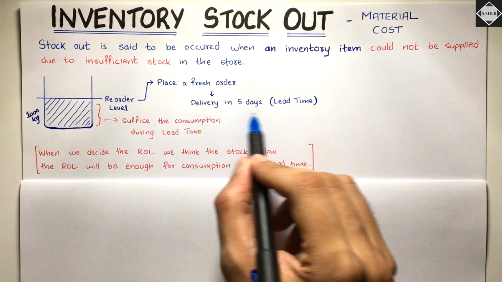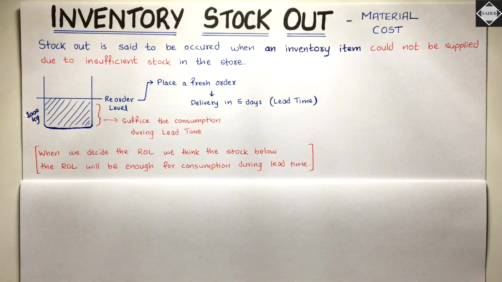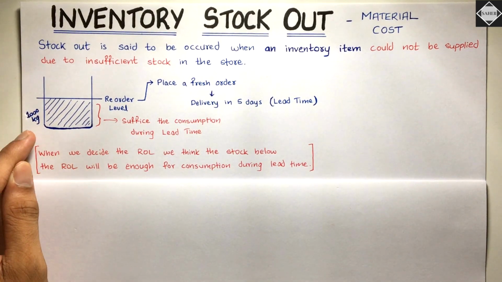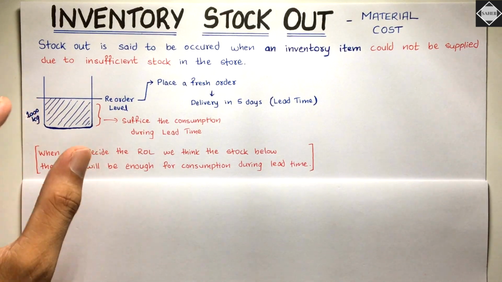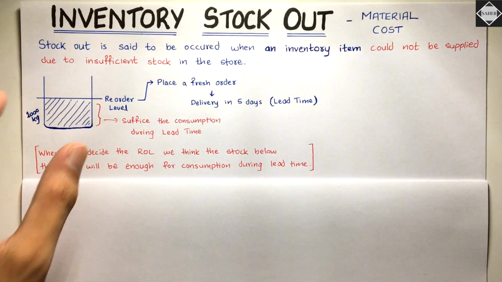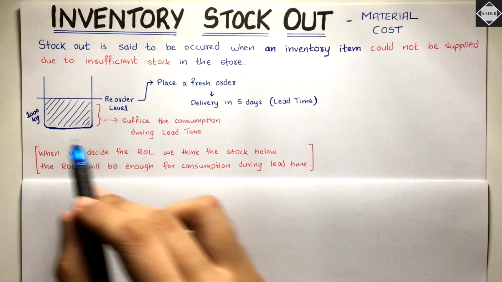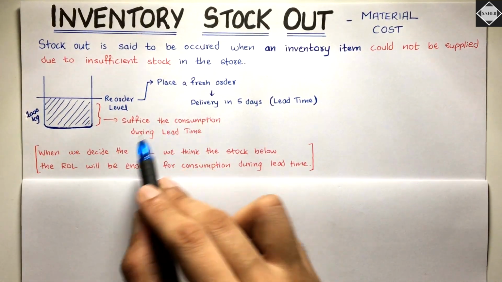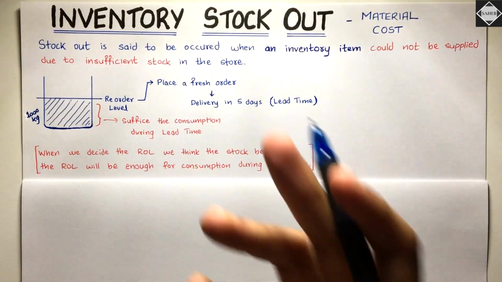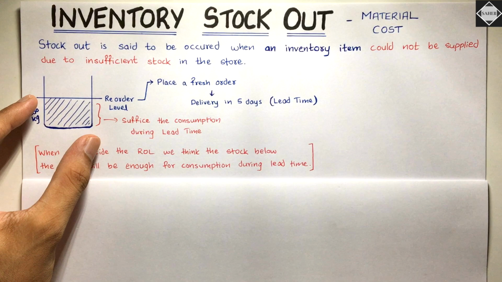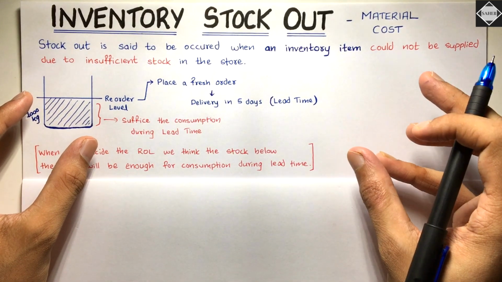So now we are waiting for our order. In this time, our thinking is that whatever stock we have right now, 1000 kgs, the reorder level stock, will be enough during lead time. This will be enough for the consumption during lead time. What does that mean? It means these 1000 kgs will be enough for the production department.